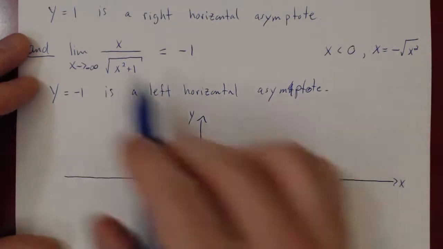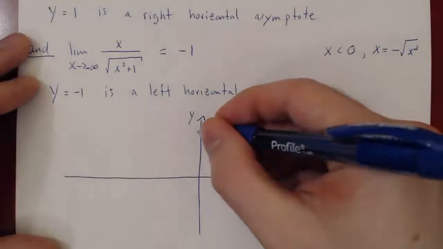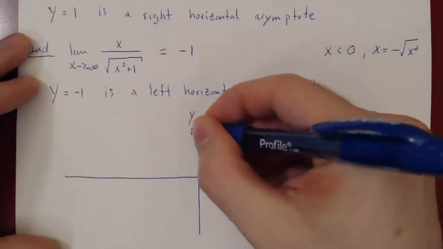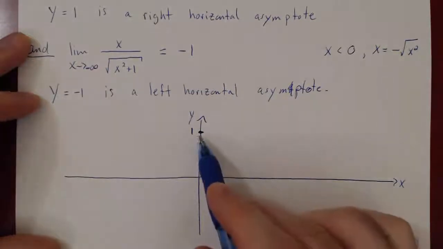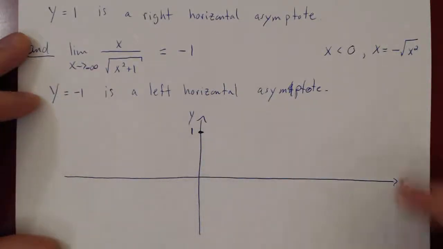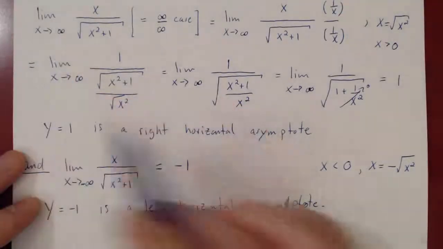So y equals 1 is a right horizontal asymptote. So let's draw a horizontal line where y equals 1, but only for the positive real values, because this is by letting x approach positive infinity.